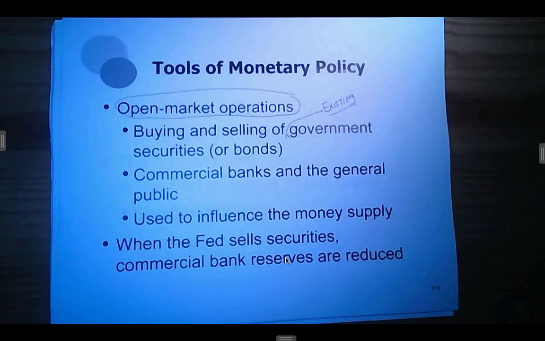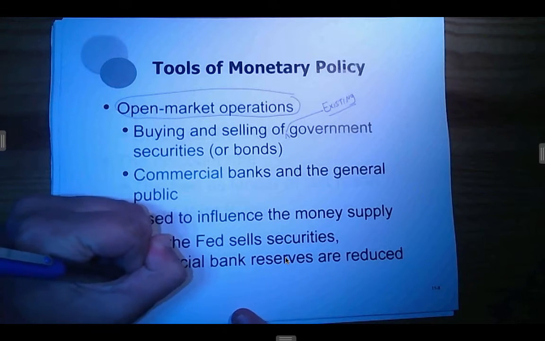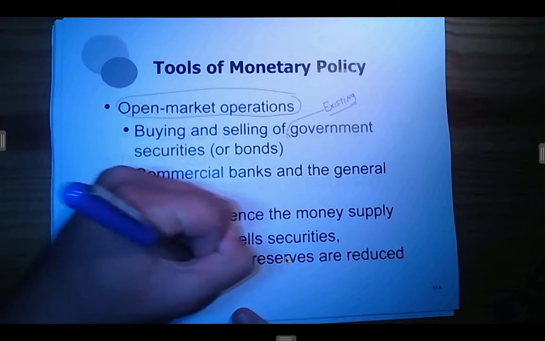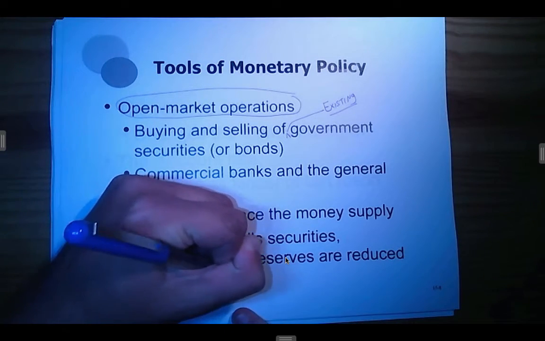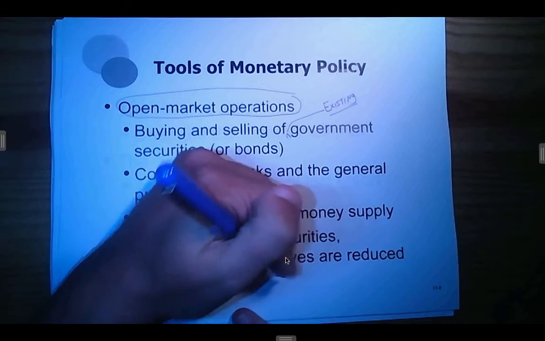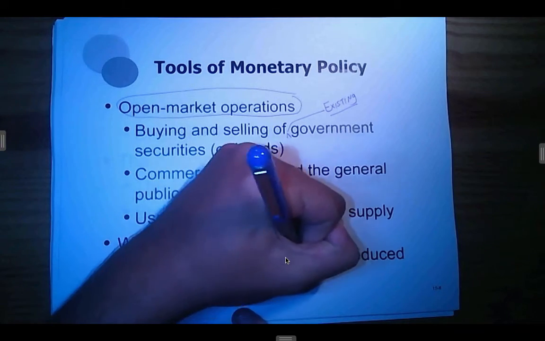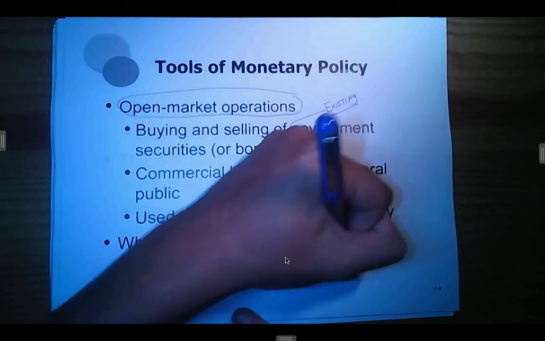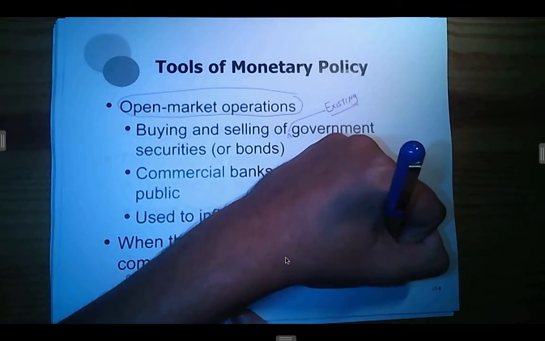Now, when the Fed buys a bond, it's buying a bond from you or I or some private individual. But when it buys that bond, it pays for it with new money.